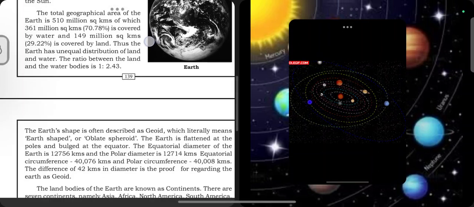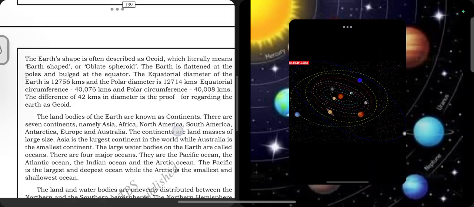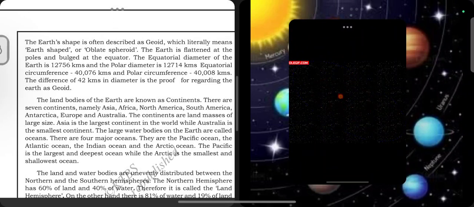After that, I am not going to read each and every point here. I am going to talk only about the important points, which matter from the examination point of view. The Earth's shape is often described as geoid. What is the meaning of geoid?